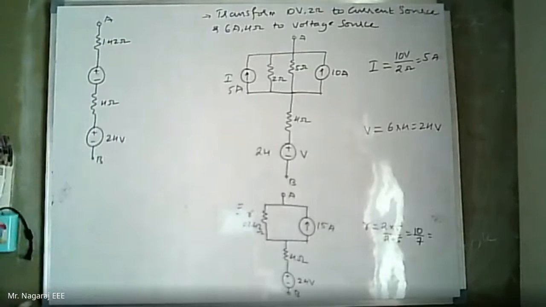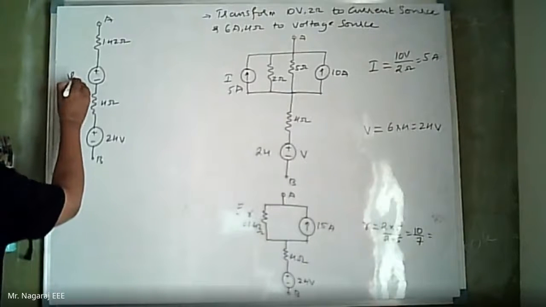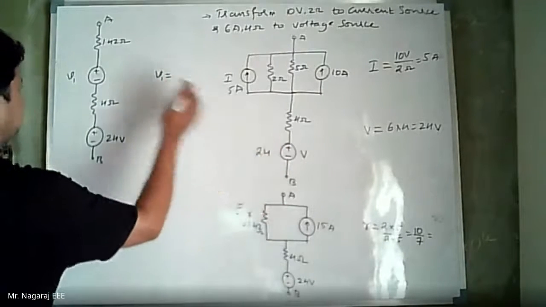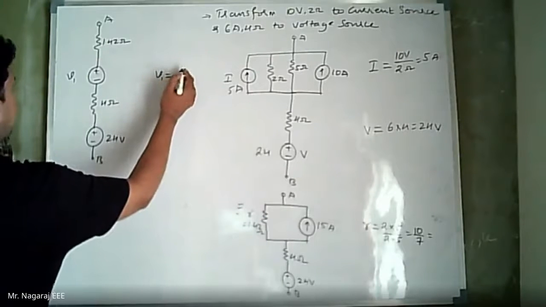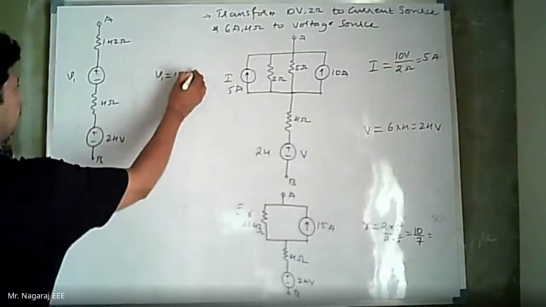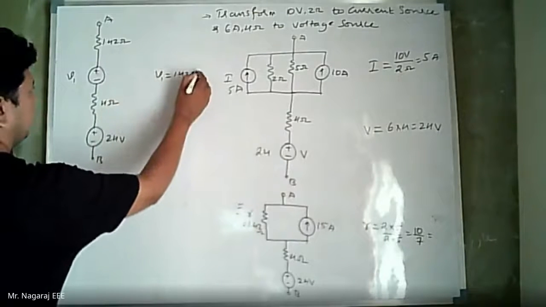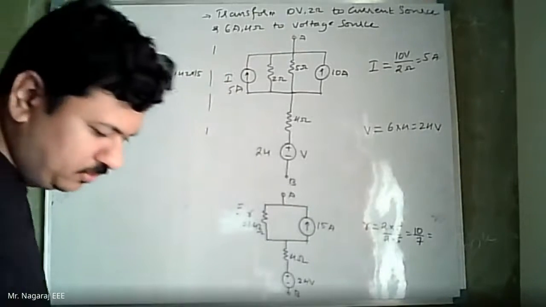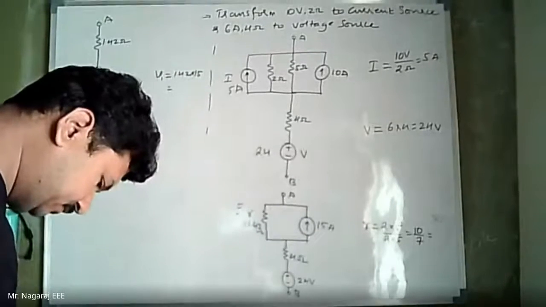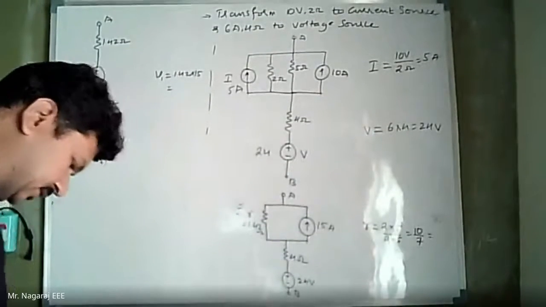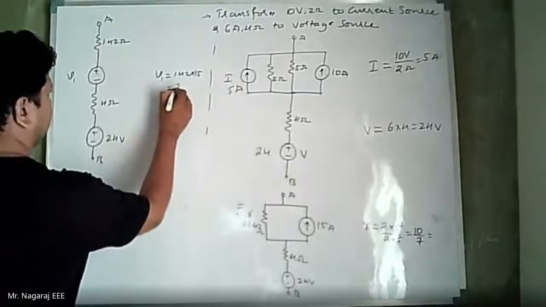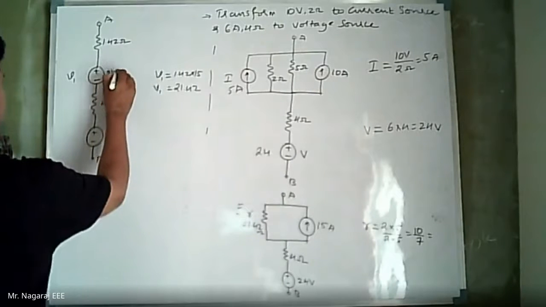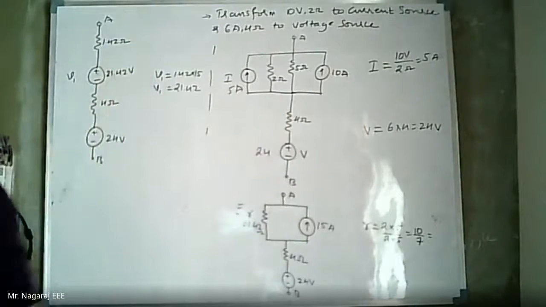Now what is the value of this voltage? Say V1. V1 is equal to 1.42 into 15. It is 21.42 volts.